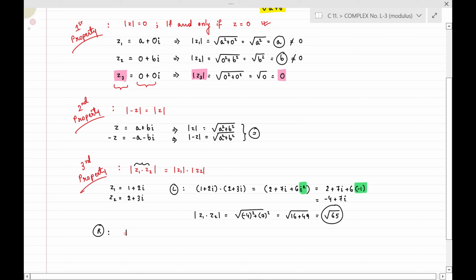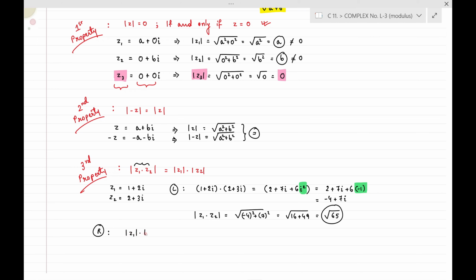In the right hand side we have to individually find out the modulus of both the complex numbers and then multiply them. So modulus of z1 is equal to under root 1 square plus 2 square, and that will be multiplied to modulus of z2, and that is equal to under root 2 square plus 3 square.